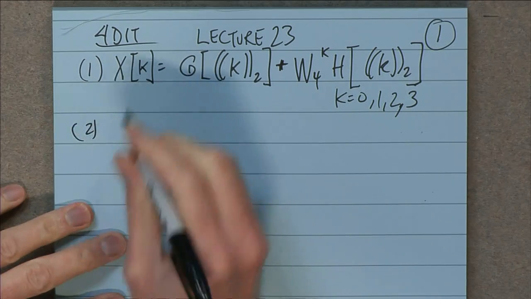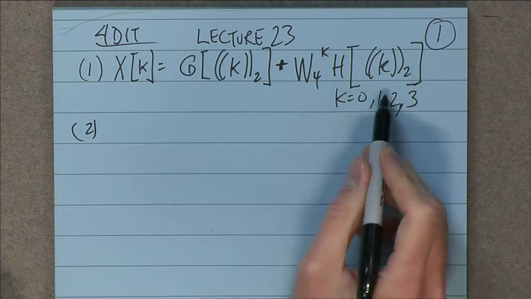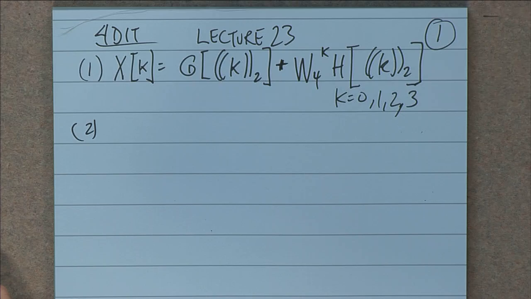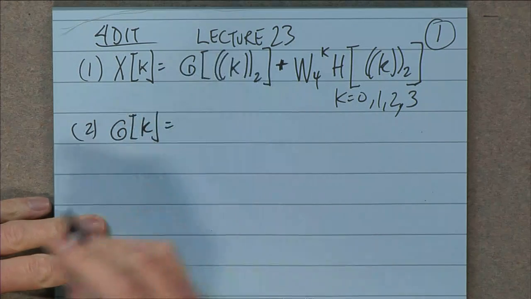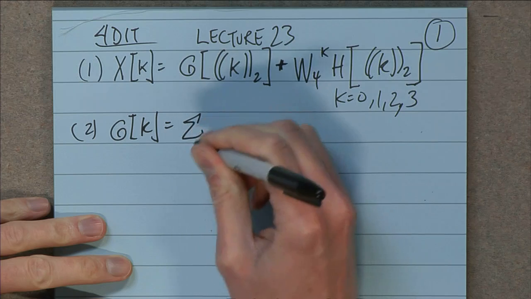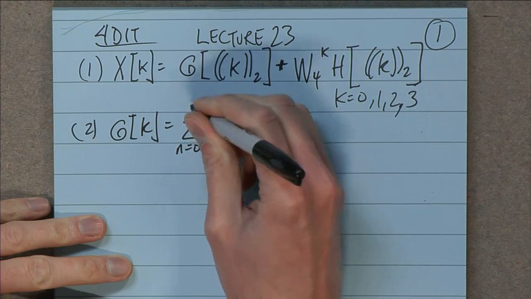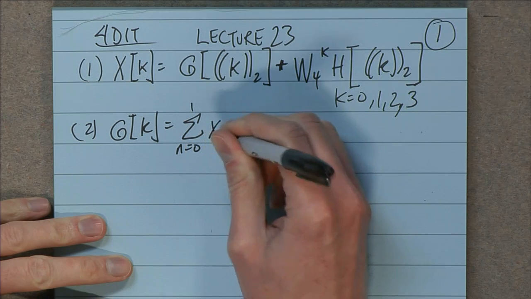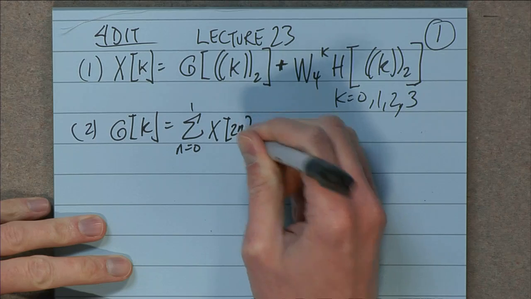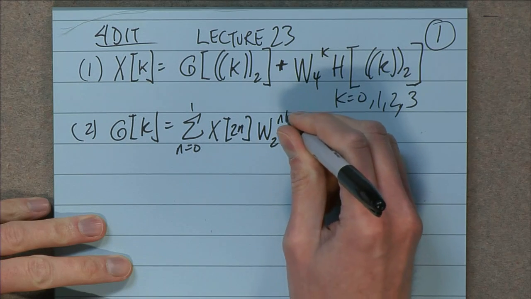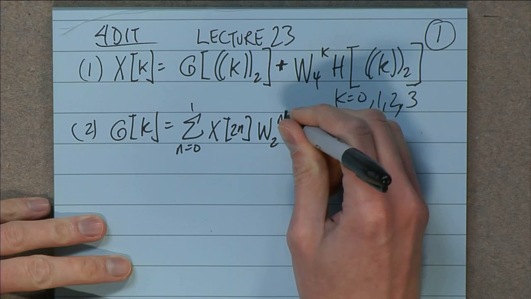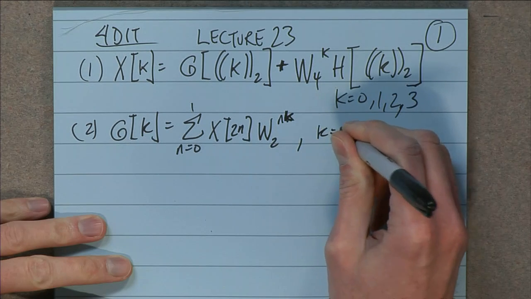If we're going to do this, the first thing we have to do is get G and H before we can implement equation 1. So let's go back to what these were. Luckily, they're only 2-point DFTs. G is just the even samples, and k is just 0 and 1.